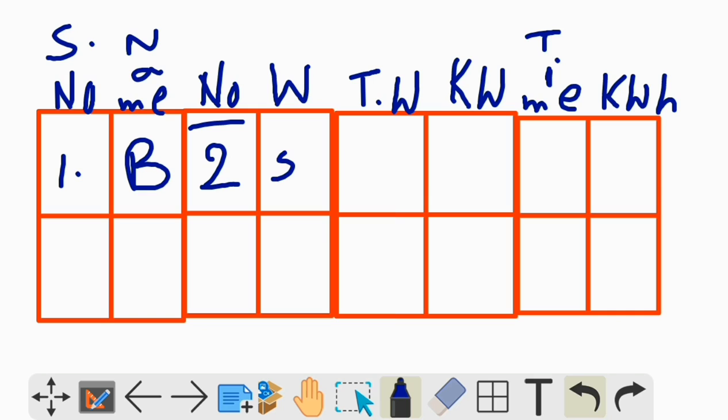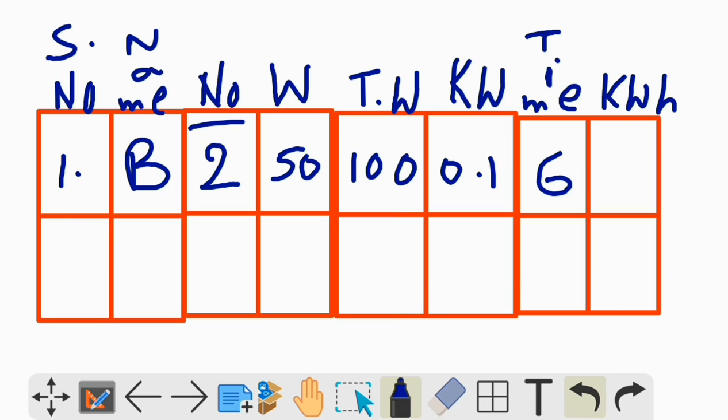Each is 50 watts, and then total watts will be 2 into 50, 100 watts. So when you have 100 watts, you have to convert it into kilowatt. You have to divide by 1000. So 100 by 1000 will become 0.1 kilowatt, and then for 6 hours it is used.